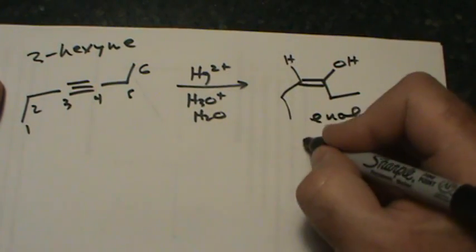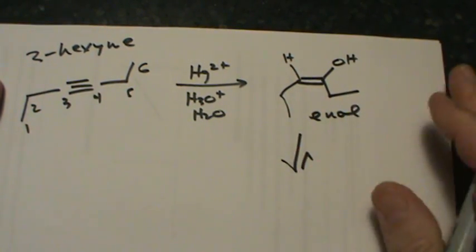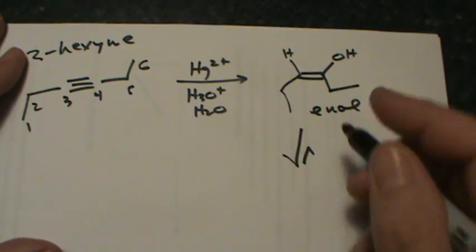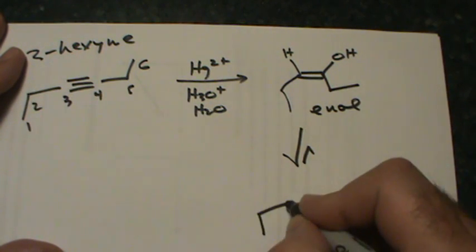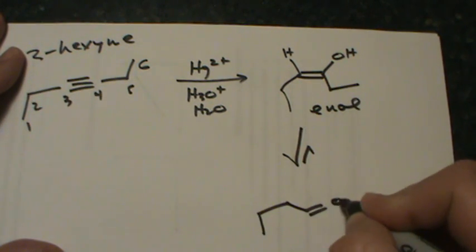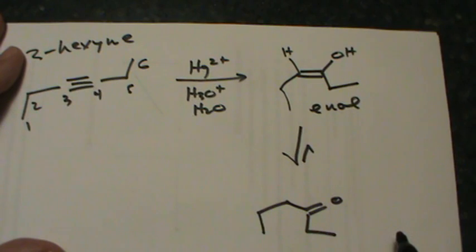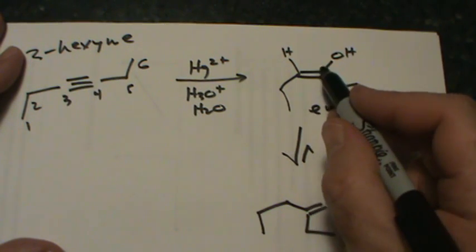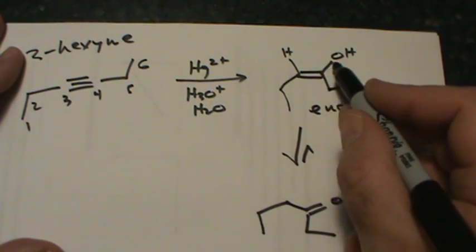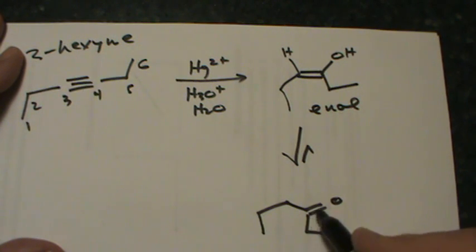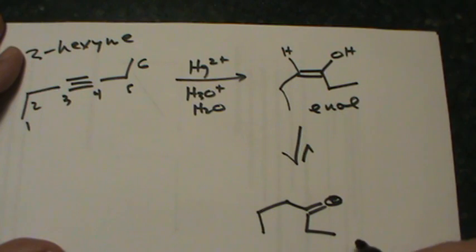which we now know will rapidly equilibrate or tautomerize to the corresponding ketone. The pi bond migrates to the carbon-oxygen center. There it is. Now I've got a carbonyl group, a carbon doubly bound to an oxygen.